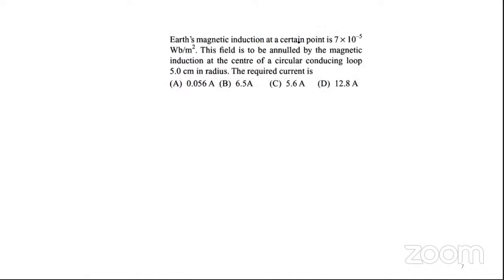Earth's magnetic induction at a certain point is this. The field is to be annulled by the magnetic induction at the center of a circular conducting loop with the given radius. What is the required current? They want to produce a magnetic field equal to this value at the center.